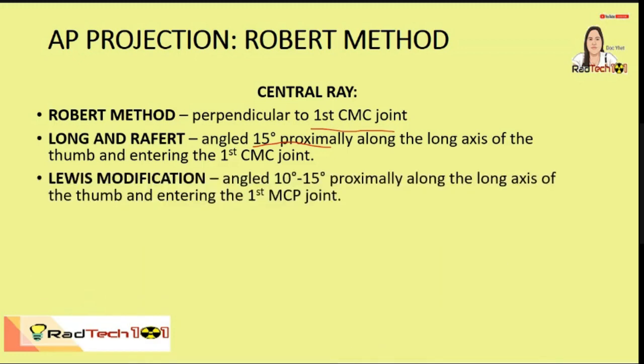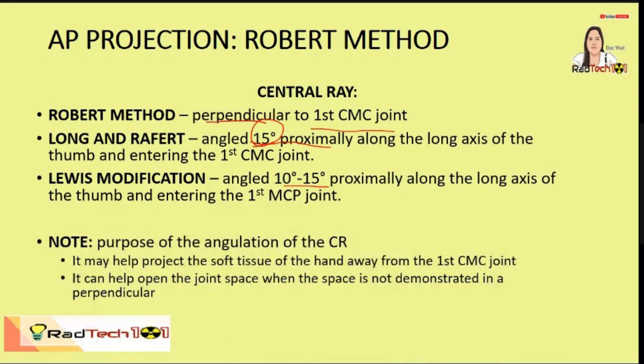And kay Lewis, 10 to 15 degrees. So katulad ng na-discuss natin kanina. So again, the same lang ang procedure. Sa central ray lang nagkakaiba sa first CMC joint. Si Robert, perpendicular. Long and Raffert, 15. Lewis, 10 to 15.